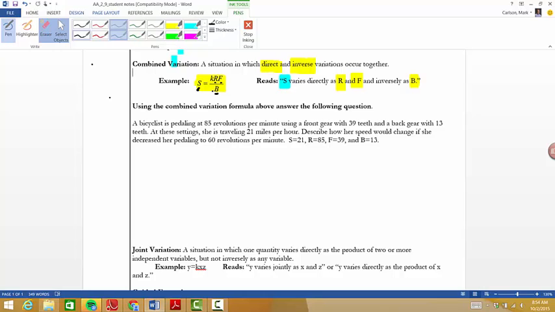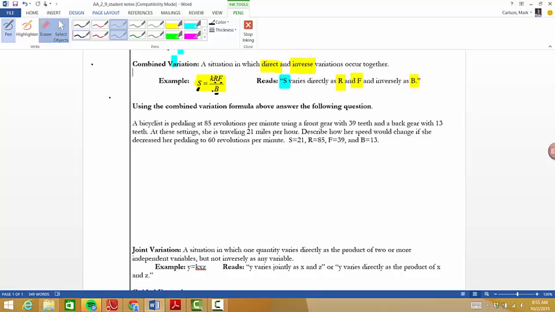And K is our constant of variation. A bicycle is pedaling at 85 revolutions per minute using a front gear with 39 teeth and a back gear with 13 teeth. At these settings, she is traveling 21 miles per hour. Describe how her speed would change if she decreased her pedaling to 60 revolutions per minute.